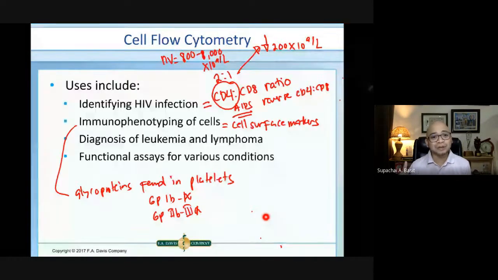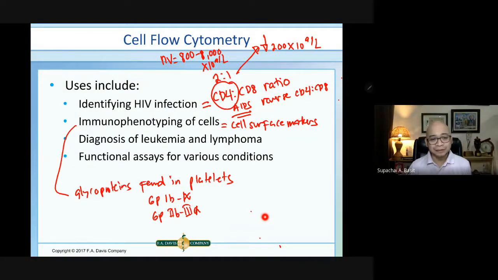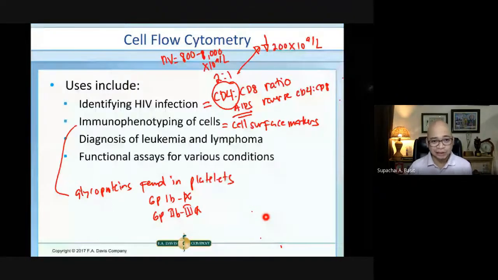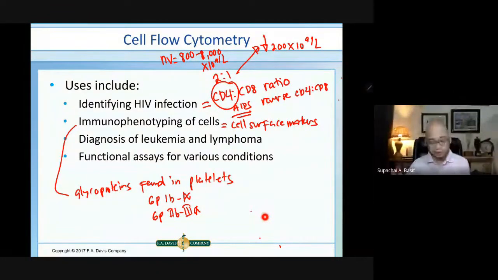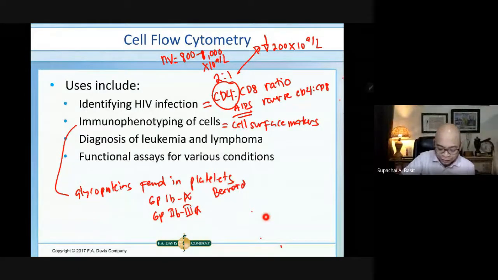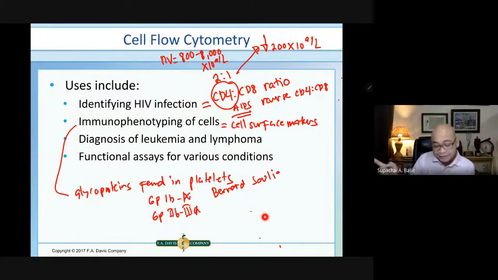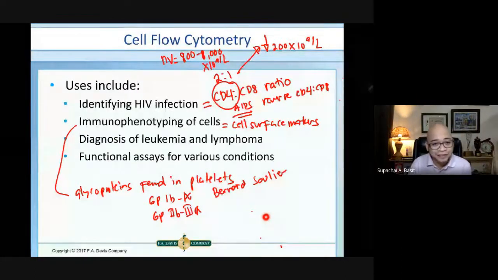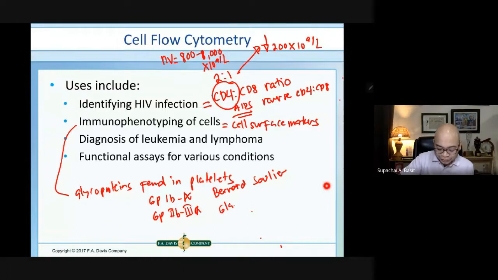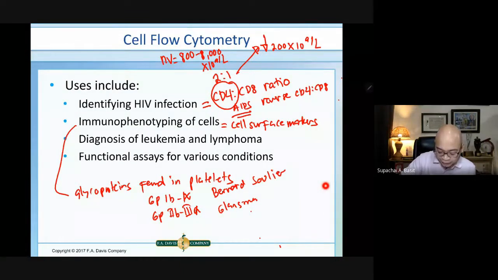Flow cytometry can also be used for the diagnosis of leukemia, lymphoma, and functional assays for various conditions. For example, if you are deficient in the glycoprotein 1b-9 complex, you have a condition known as Bernard-Soulier syndrome, or if you are deficient in the glycoprotein 2b-3a complex, then the condition is known as Glanzmann thrombasthenia.